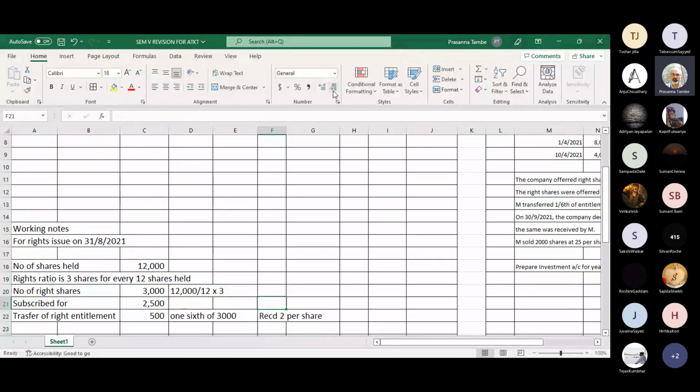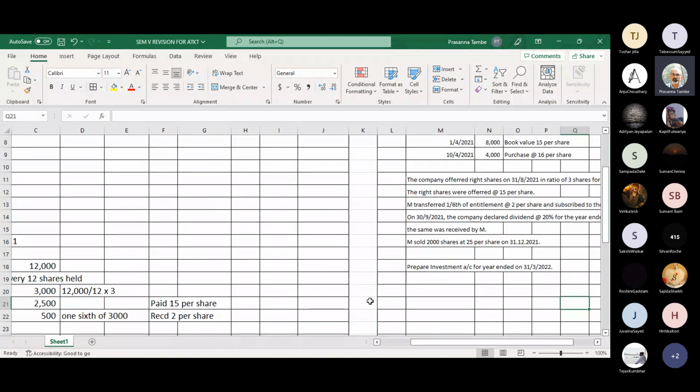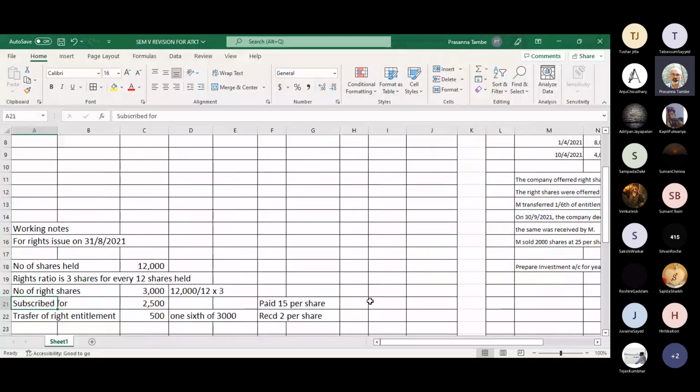And here he has paid 15 per share. For 2,500 shares, he will pay 15 rupees per share. And for transfer of rights entitlements, he will receive 2 rupees per share as a transfer premium. The question is clear that he has received 2 rupees per share for that transfer. Have you understood these details?